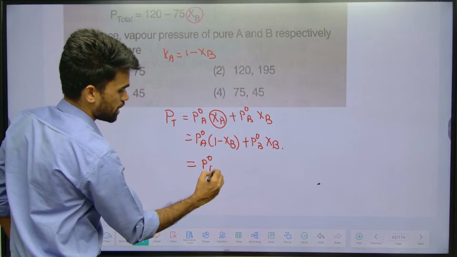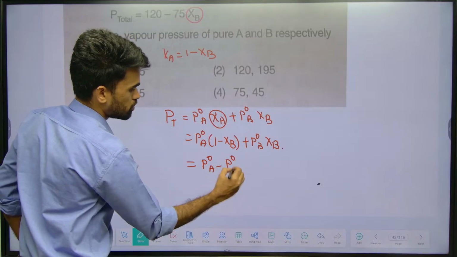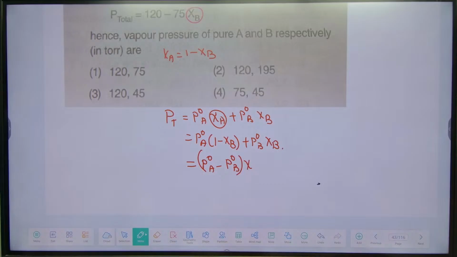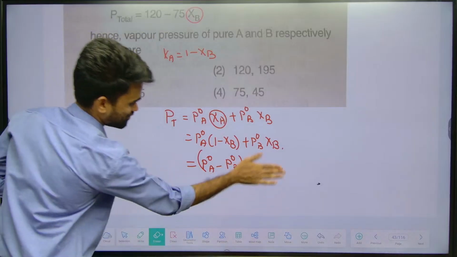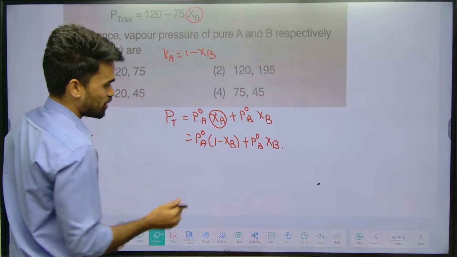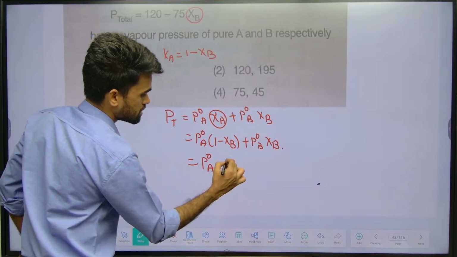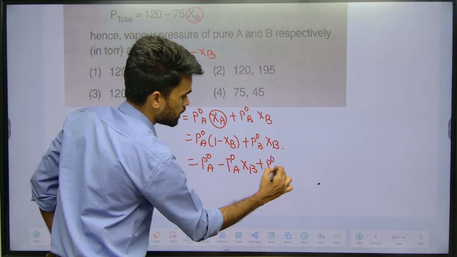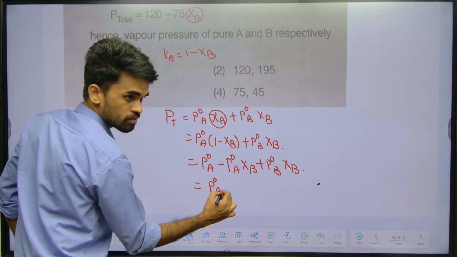Simplifying, we get P naught A minus P naught A chi B plus P naught B chi B. P naught A stays as it is.